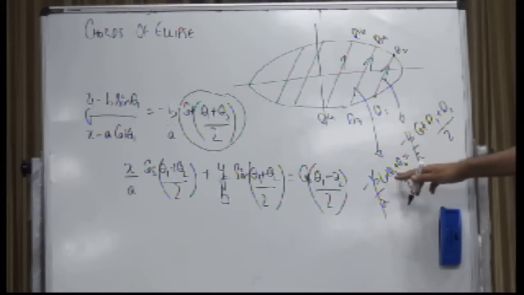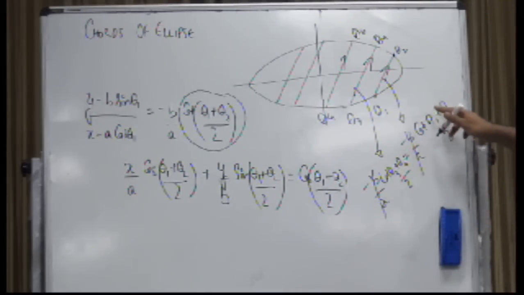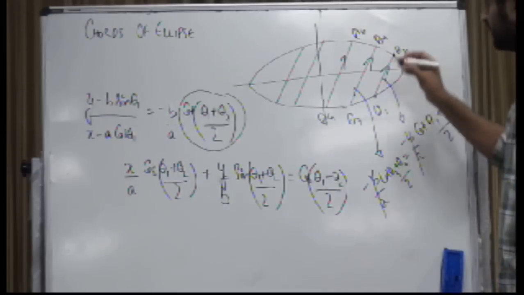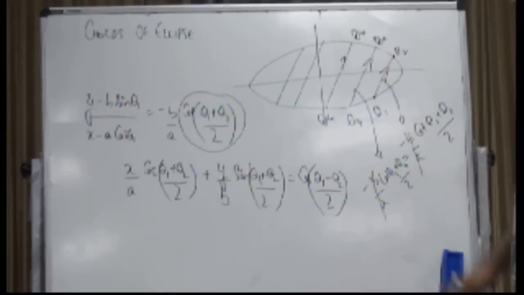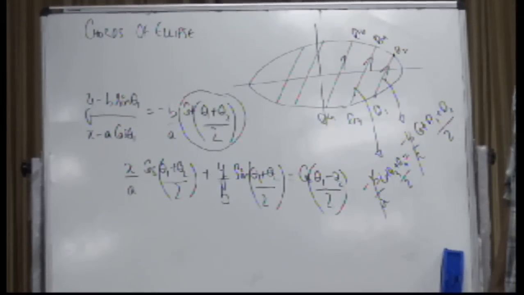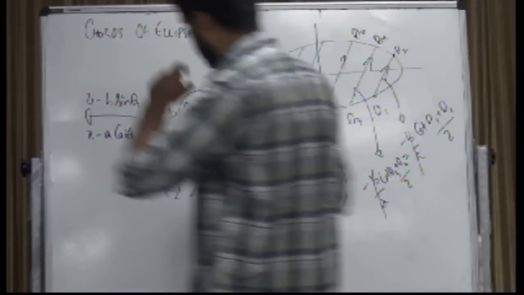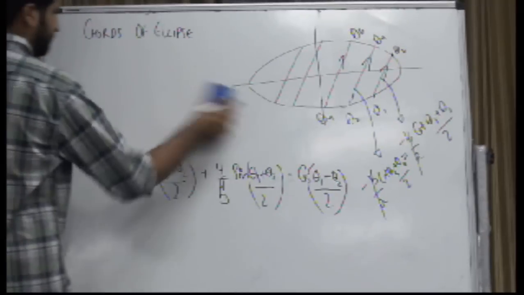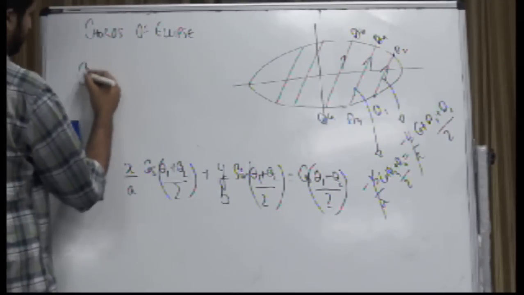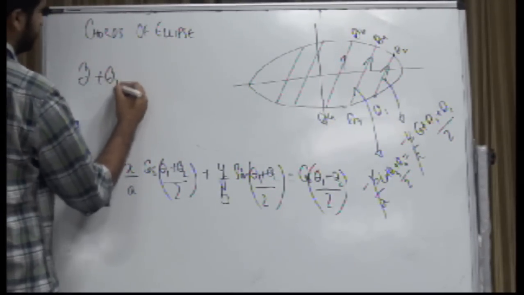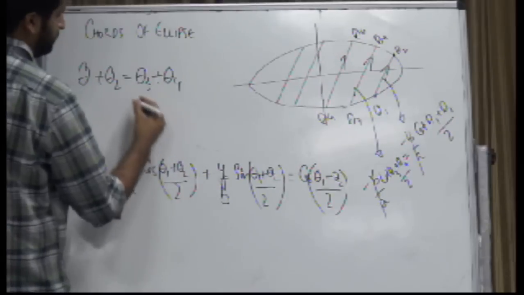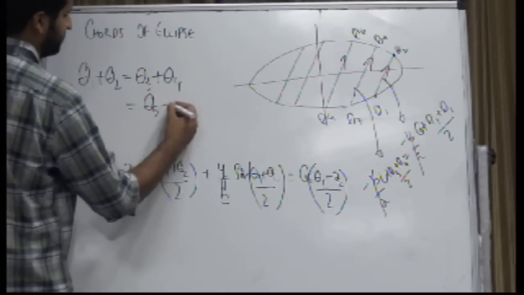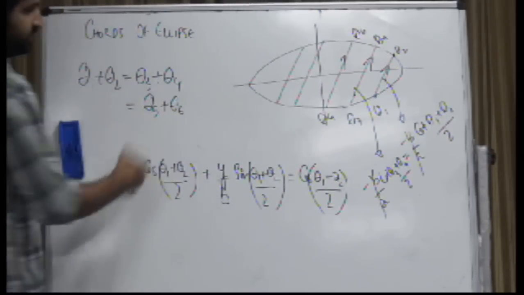So you are getting cot theta 3 plus theta 4 by 2 is equal to cot theta 1 plus theta 2 by 2, right? So therefore we can say that theta 1 plus theta 2 will be equal to theta 3 plus theta 4, okay, is equal to theta 5 plus theta 6.